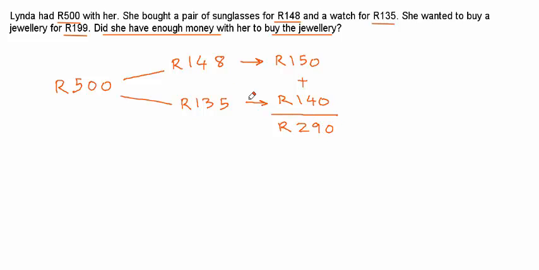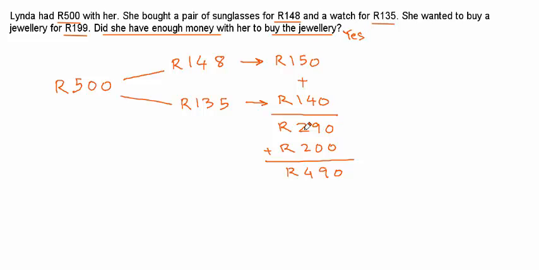She needs another 199 Rand to buy the jewelry. Change that to 200, round that to 200. So even if you add the price of the jewelry, the roundabout price, 200 Rand, you are still under 500. This is 490 Rand. So the answer is yes, she does have enough money to buy the jewelry.